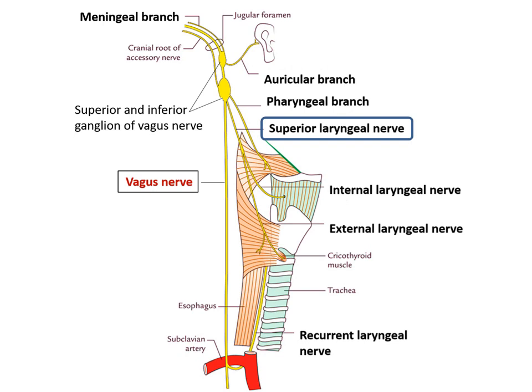The external laryngeal nerve is special as it supplies the only muscle of the larynx, that is the cricothyroid muscle. All of the other muscles of the larynx are supplied by the recurrent laryngeal nerve, another branch of the vagus nerve. While the internal laryngeal nerve gives sensory supply to the internal lining of the larynx above the vocal fold.